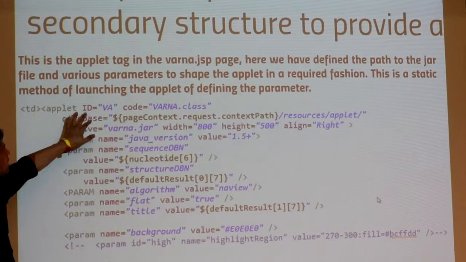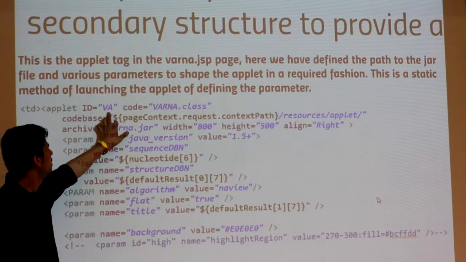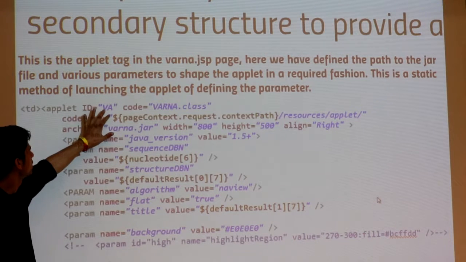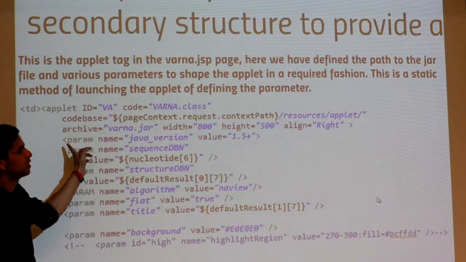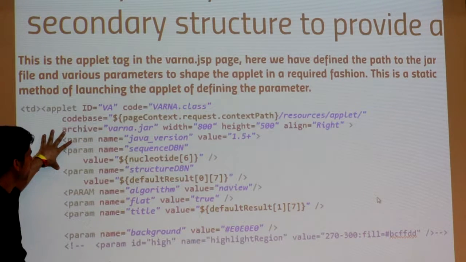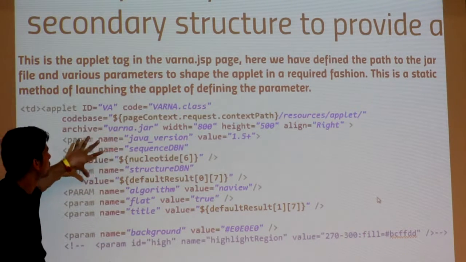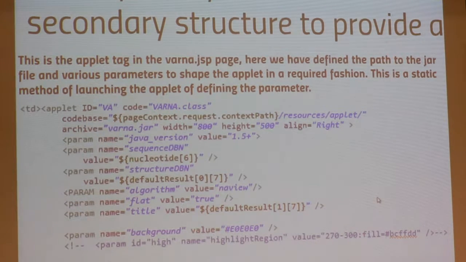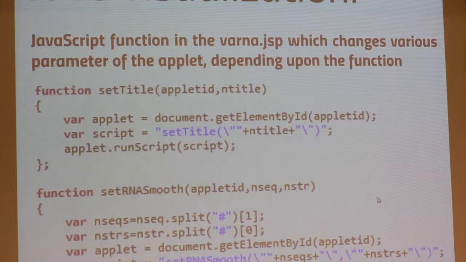This applet tag has an ID, VA, and then VARNA.class. I'm using this ID to pass those parameters, calling the script and passing them to this particular applet, because that's the identifier for this applet.